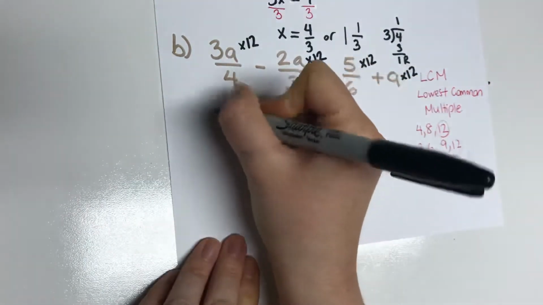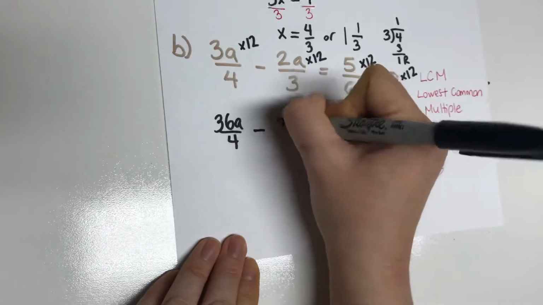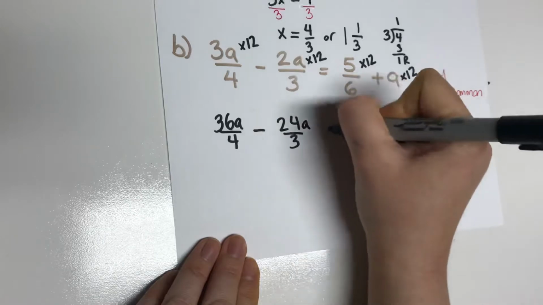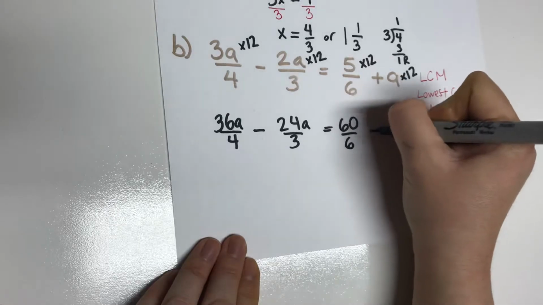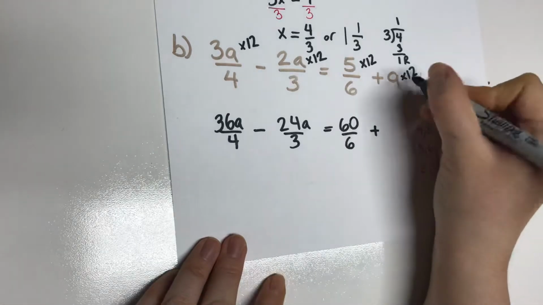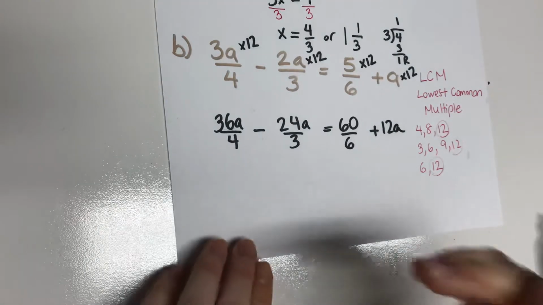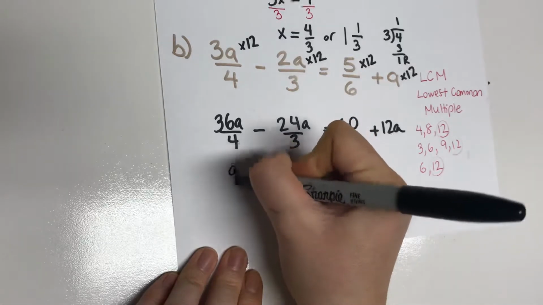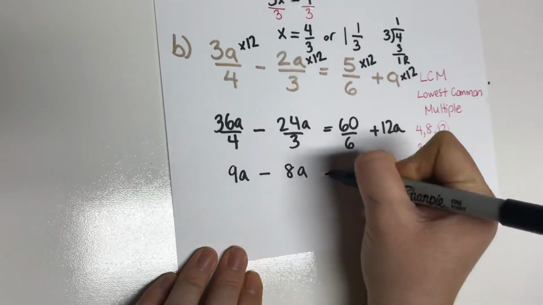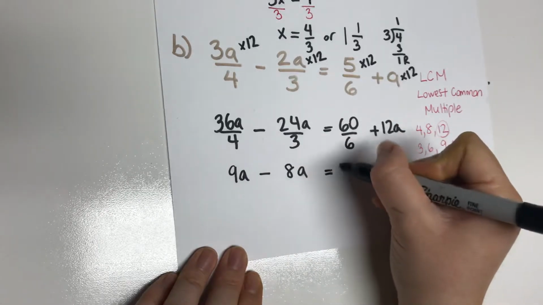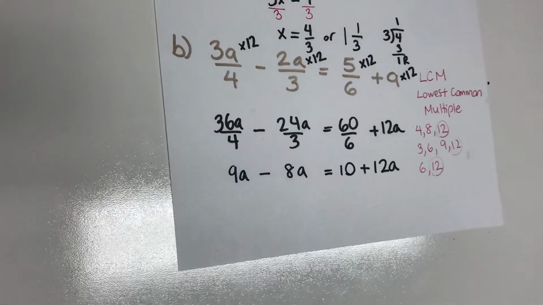So 3 times 12 is 36a over 4, minus 2 times 12 is 24a over 3, is equal to 5 times 12, 60 over 6, plus, I think that was an a, so 12a. I can simplify these fractions. 36 divided by 4 is 9a, minus 24 divided by 3 is 8a, is equal to 60 over 6, which is 10, plus 12a. Now I've gotten rid of the fraction.